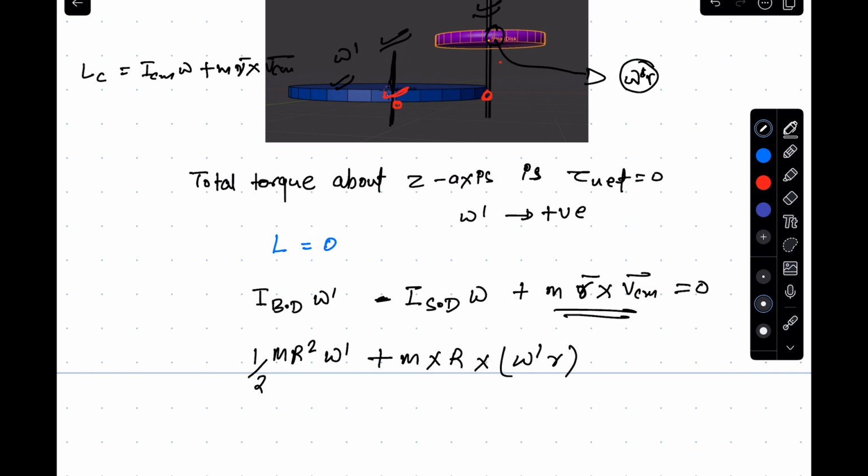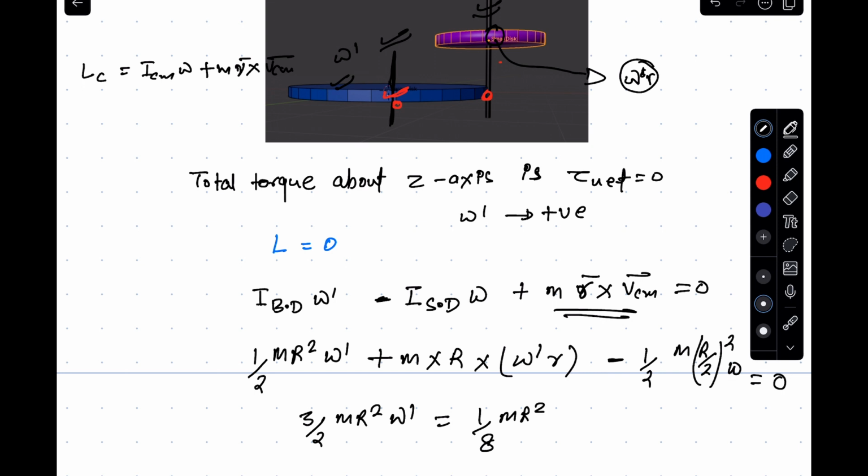Okay, and then minus I of the smaller disk. Look, I of the smaller disk is half, the mass of the disk is m, and the radius is r by 2 for the smaller disk, multiplied by omega, is equal to 0. So here we have 3 by 2 m r square omega dash is equal to 1 by 8 m r square omega.